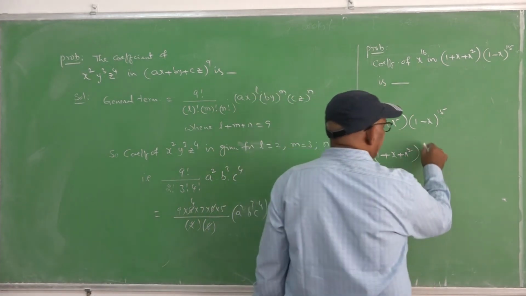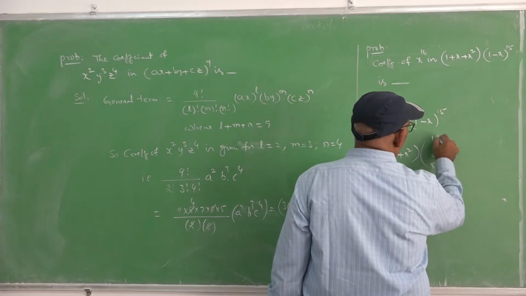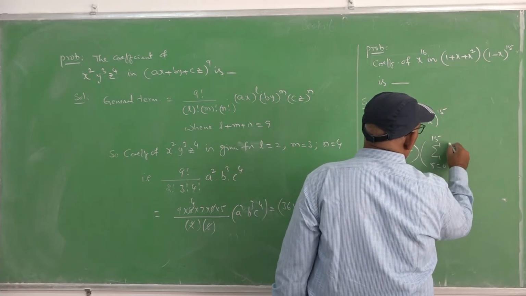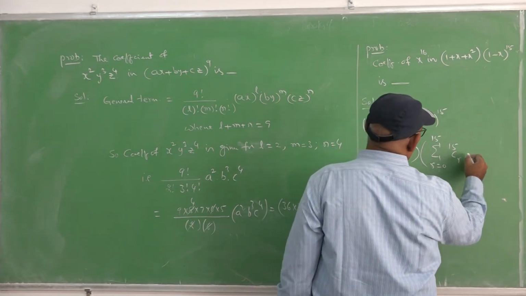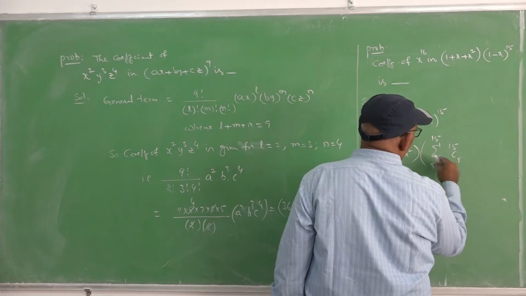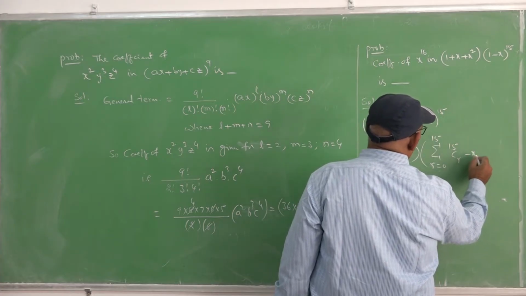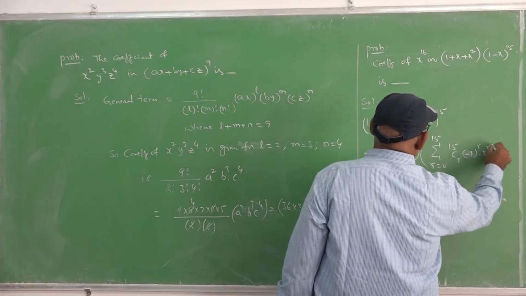that means in summation form, sigma r equal to 0 to 15, 15 C r, 1 power 15 minus r, that is 1, and minus x whole power r, otherwise minus 1 whole power r into x power r.